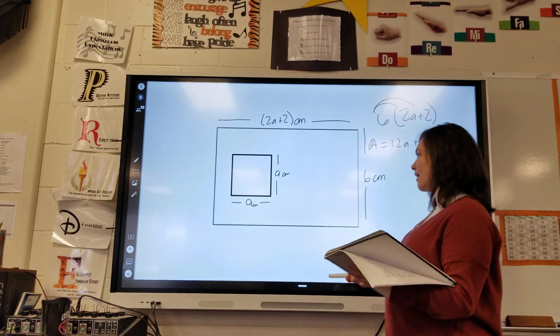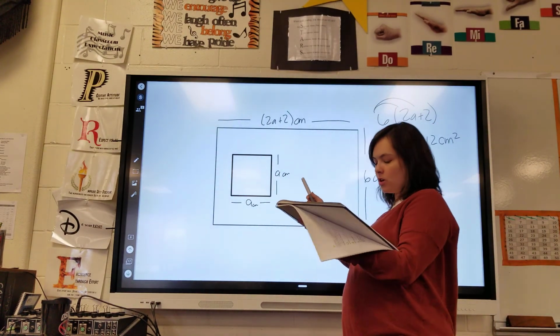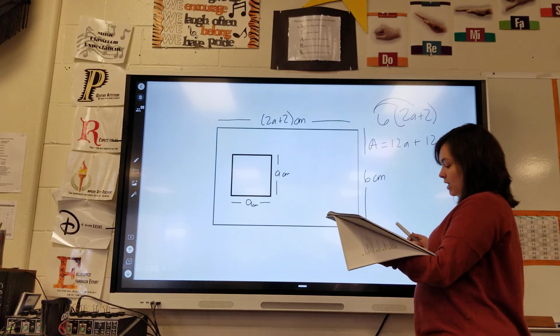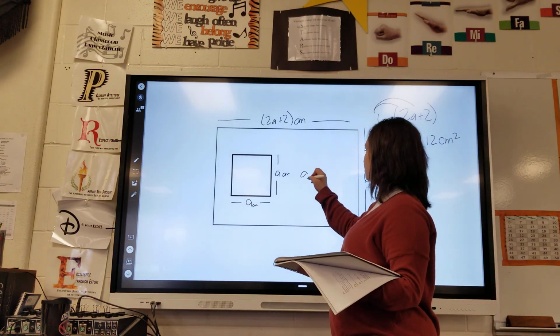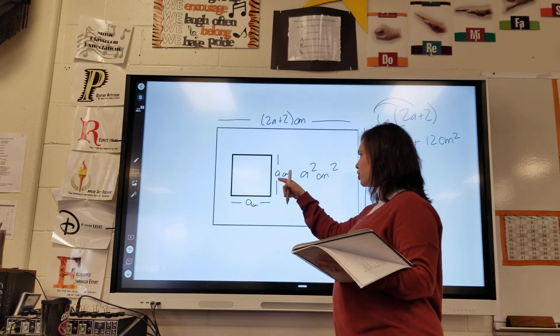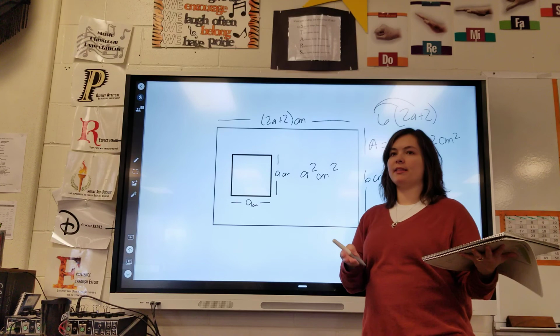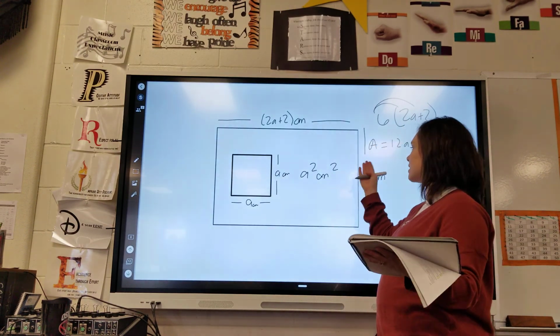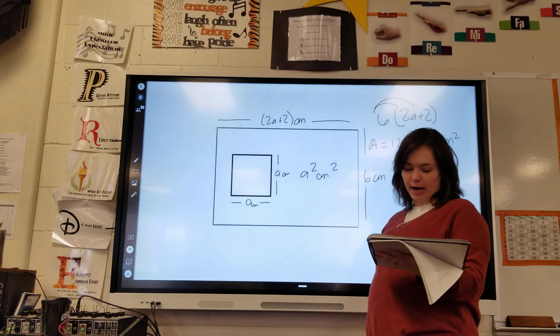But we also have the area of the square. The square is just a squared centimeters squared. There's 2 a's and we square them. Multiply them together, you get a squared centimeters squared. That is the area of the square.